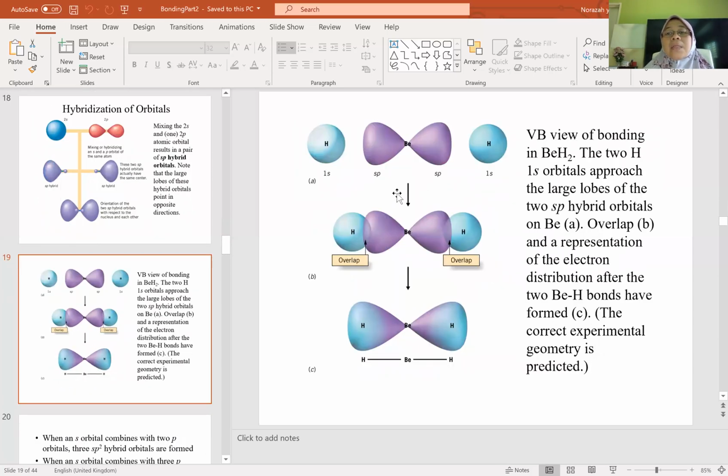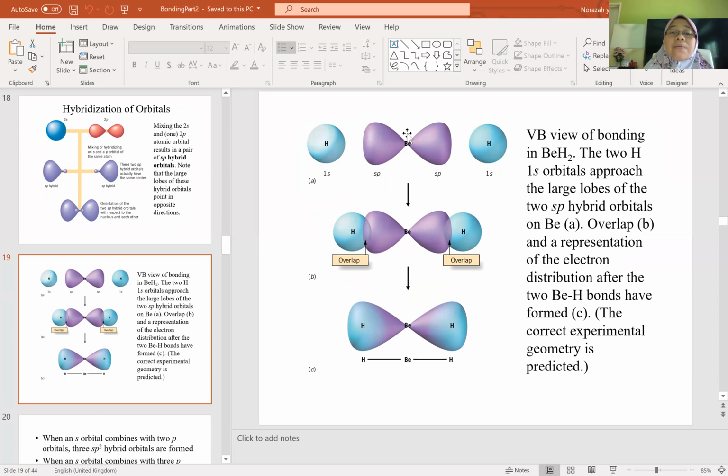Let us look at beryllium hydride, BeH2. You have the 1s from each hydrogen, on the left side and the right side.